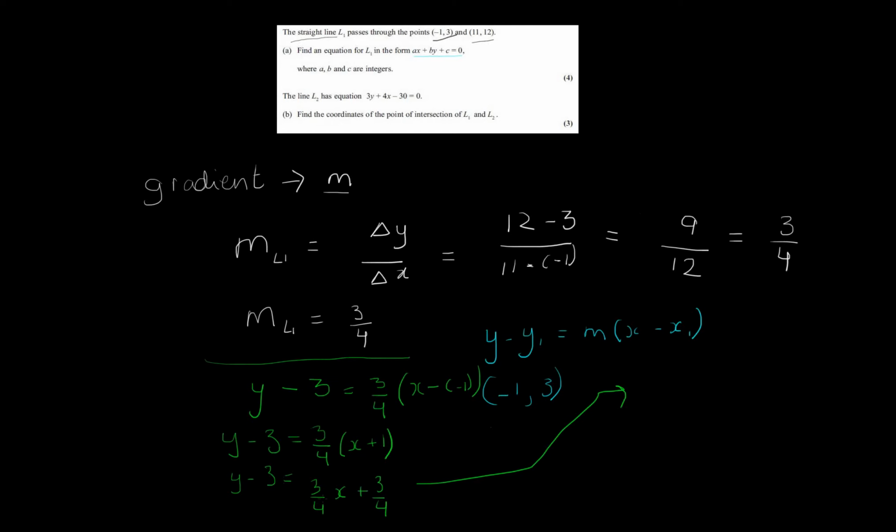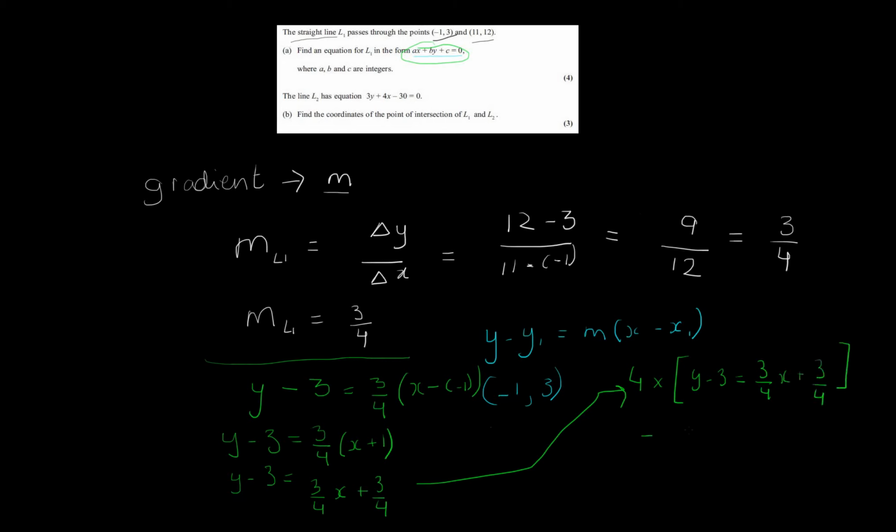We need to get rid of the fractions here so that everything ends up in the form up here. So we can multiply everything by 4. So it would be 4 multiplied by y minus 3 equals 3 by 4 x, oh, that's an x, my bad, x plus 3 by 4.